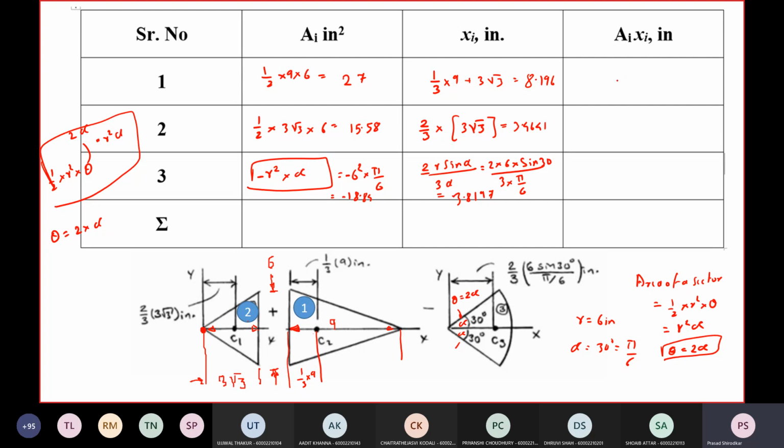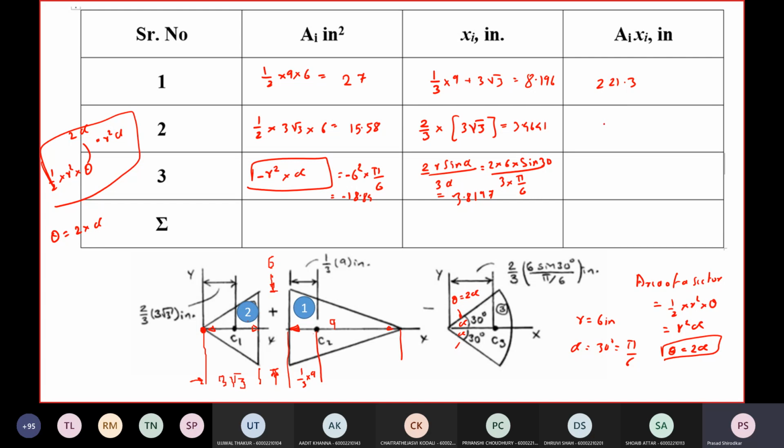So what do we get? 221.292. Correct. 221.292 or 221.3.